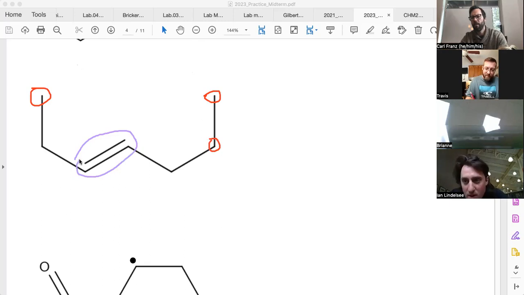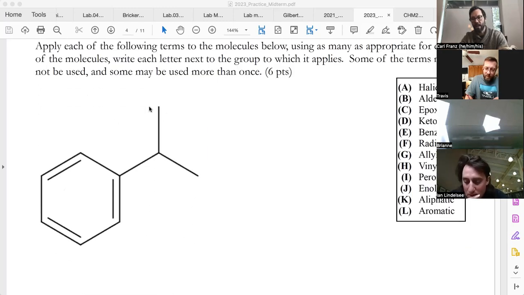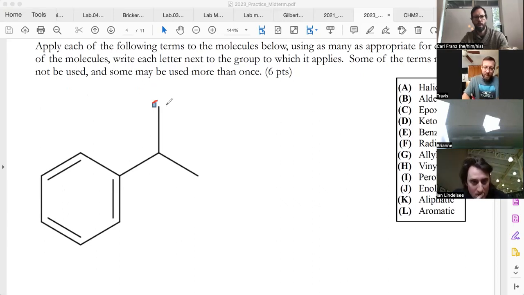So then on the first one too, the two primary carbons after the aromatic ring are also aliphatic? Yes. Good question.